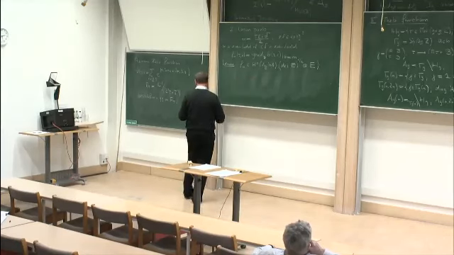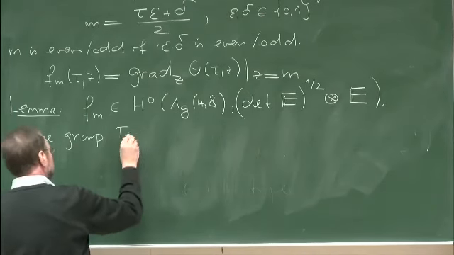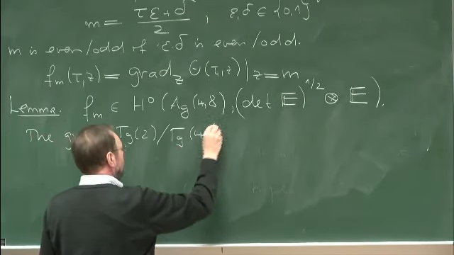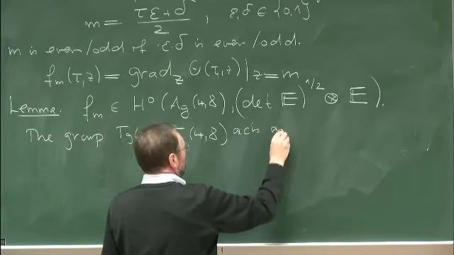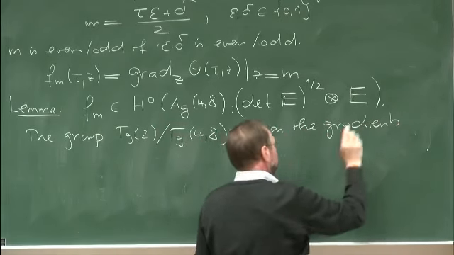And then the group gamma_g divided by gamma_g(4, 8) acts on the gradients by certain signs.